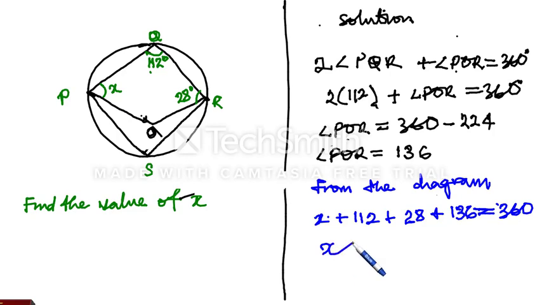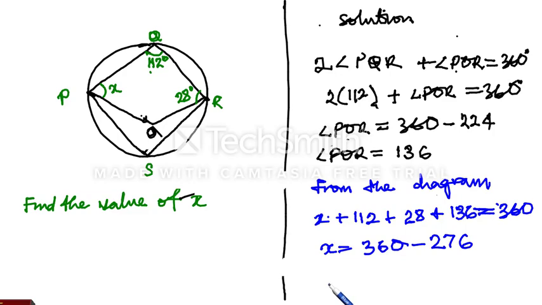So making x the subject, we send 112, 28, then 136 to the left side of the equation, and it's going to be negative. So we sum everything before we let it cross. Now if I add 112 to 28, I'm going to get 140. 140 plus 136 will give me 276. Now there's a need for me to take 276 from 360.